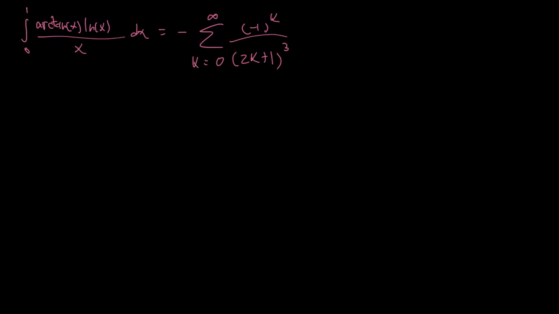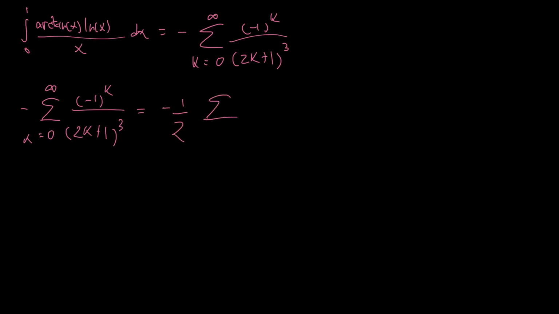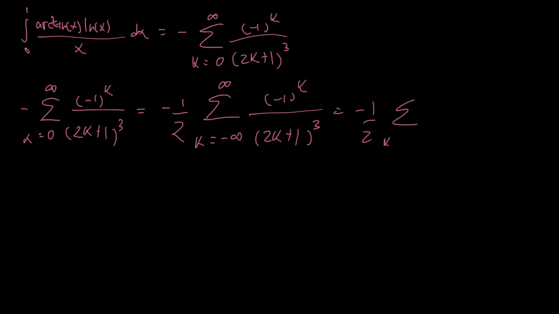And to start off, to evaluate this sum, we're going to make the observation that negative the sum from 0 to infinity of (-1)^k over (2k+1)^3 is the same thing as negative 1/2 the sum from minus infinity to infinity of (-1)^k divided by (2k+1)^3. And this could be further simplified into negative a half sum from minus infinity to infinity of (-1)^k divided by 2^3 times (k+1/2)^3.